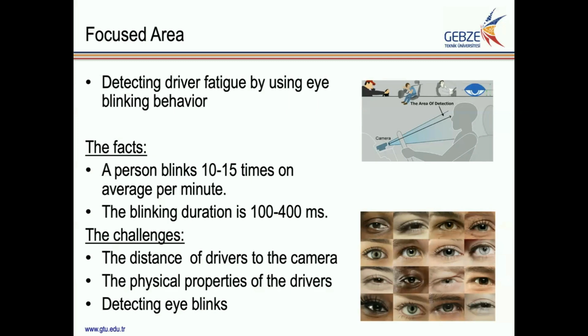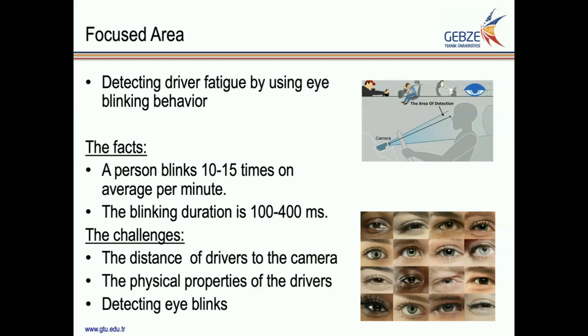There are some challenges if you are going to use cameras. In some places you have to integrate the cameras into a car, but the distance of the drivers to the camera is a challenging part, because drivers, even in the same car, may be at different distances to the camera. If they are taller, for example, they may be very far away from the camera compared to a normal person. The physical properties of the drivers are also quite important because their eye properties may change.